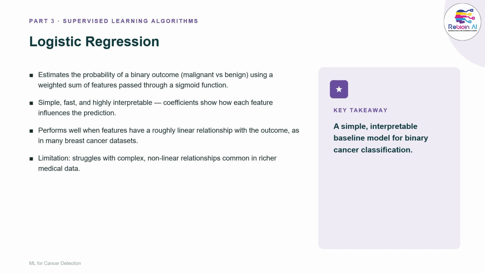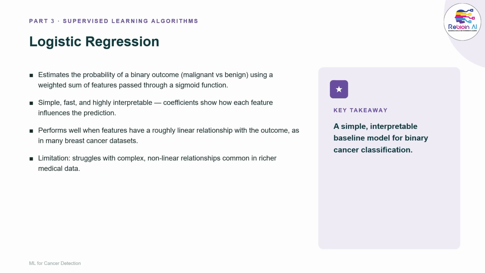The model takes all your input features, multiplies each by a learned weight reflecting how important that feature is, adds them up, and passes that sum through a function called a sigmoid, which squashes the result into a probability between 0 and 1. Above 0.5, we predict one class, below it the other.